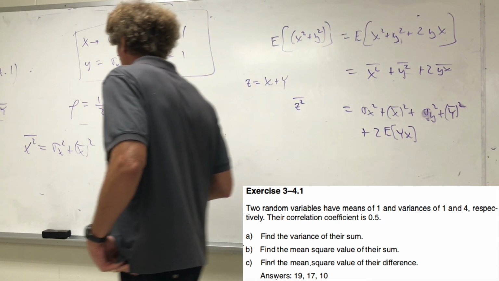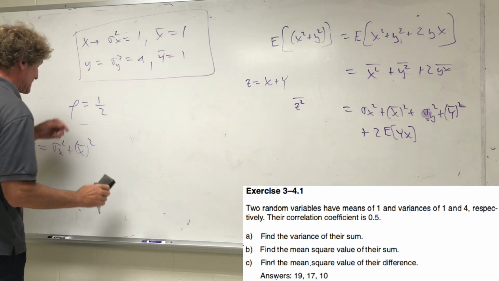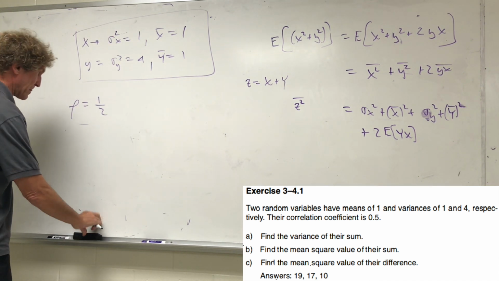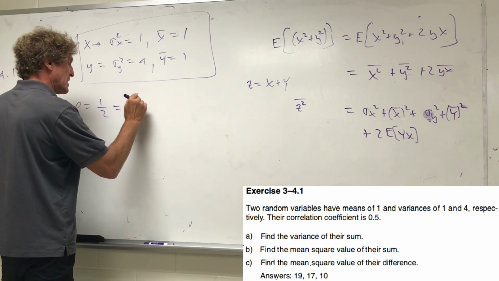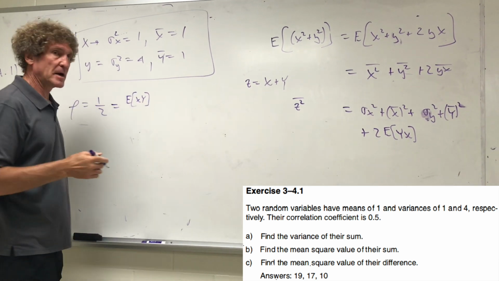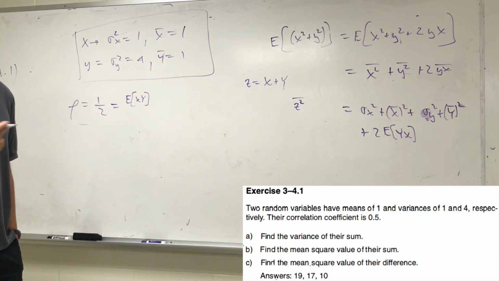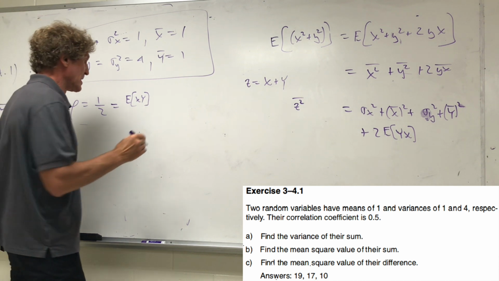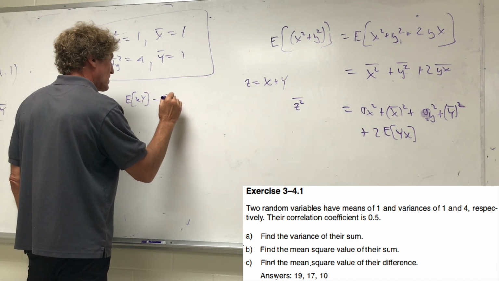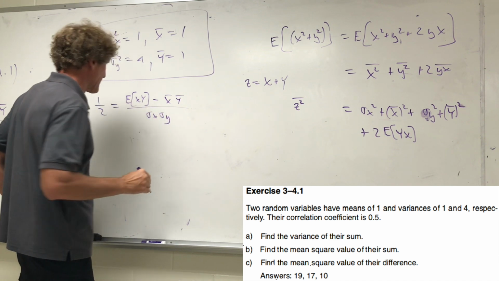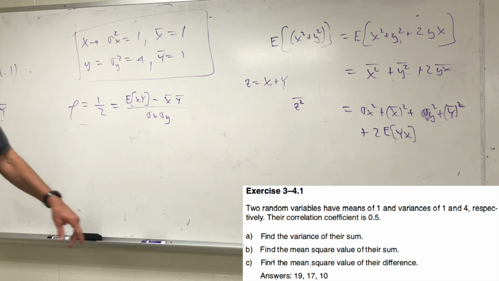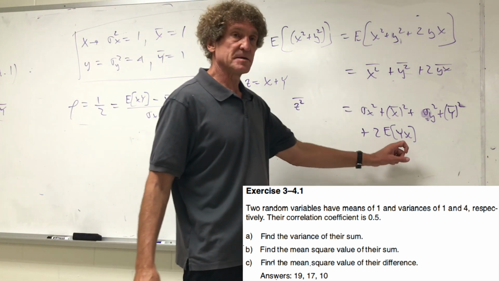So coming over here, I have a correlation coefficient of 1/2, and I know that's equal to the expected value of x times y. In the book by Cooper and McGillem, they use E of xy typically, minus x bar, y bar, over sigma x, sigma y. Now what I'm after is, I want to get this, and I want to replace it.